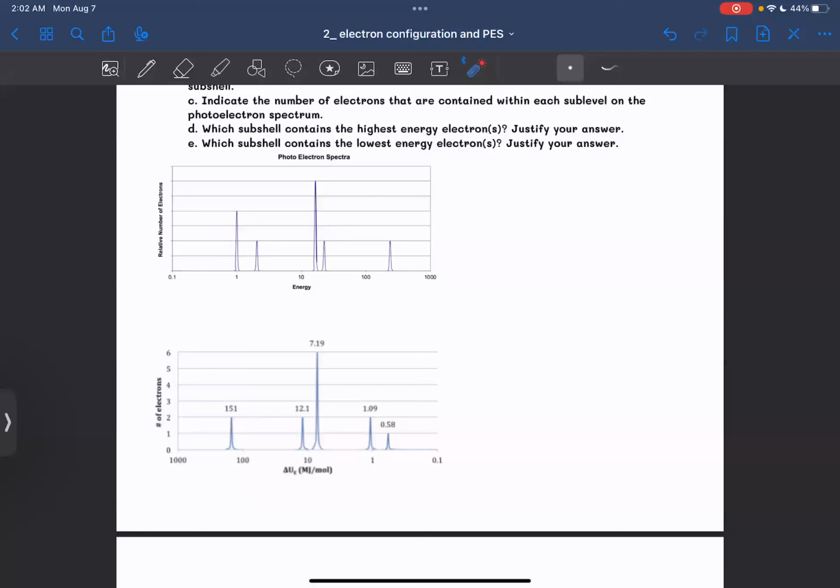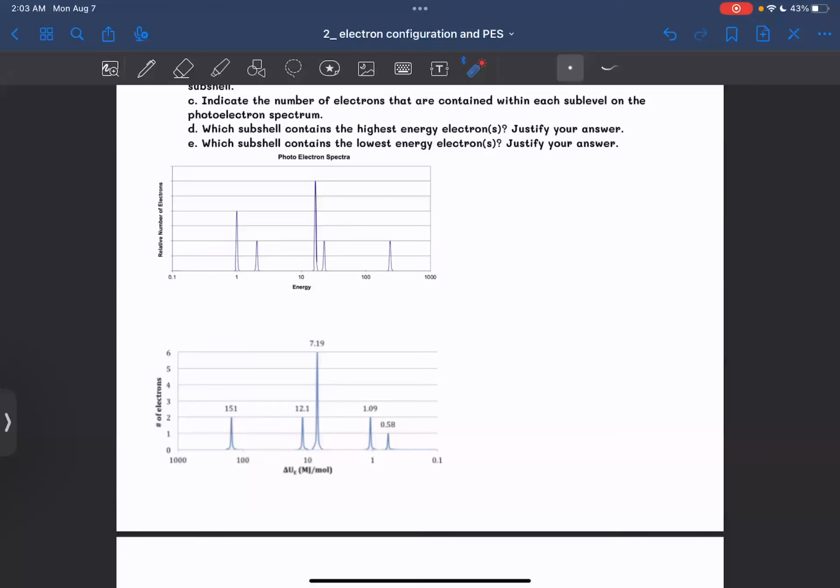The closer to the nucleus, the bigger this binding energy is. So that's how you're going to look at them. If you're not sure which shell it is, you look at the bottom one.